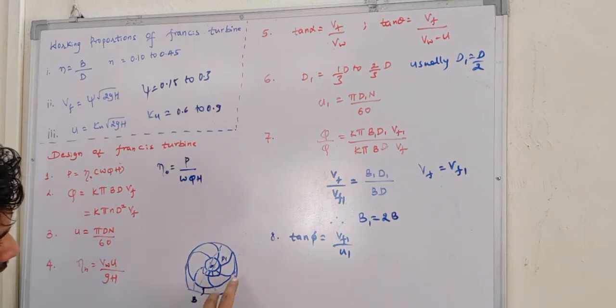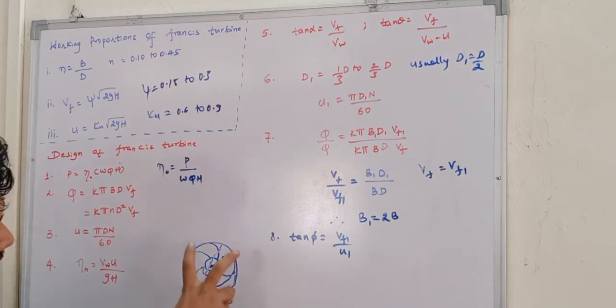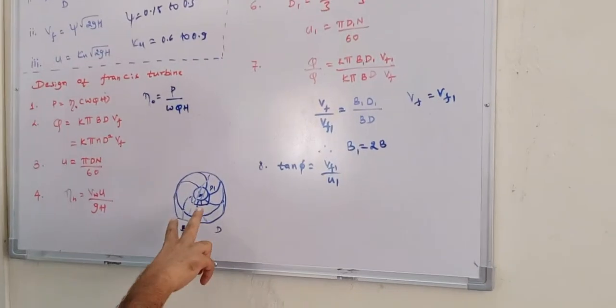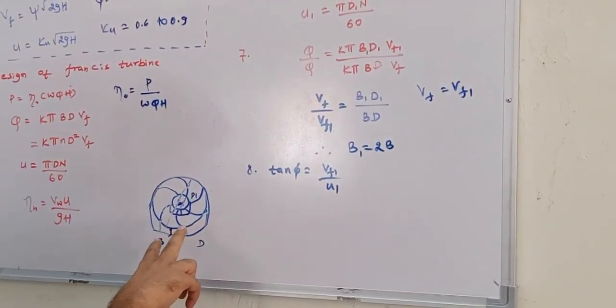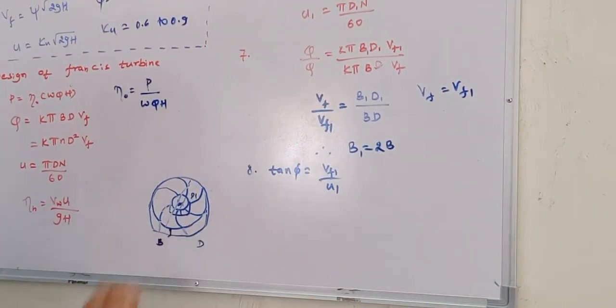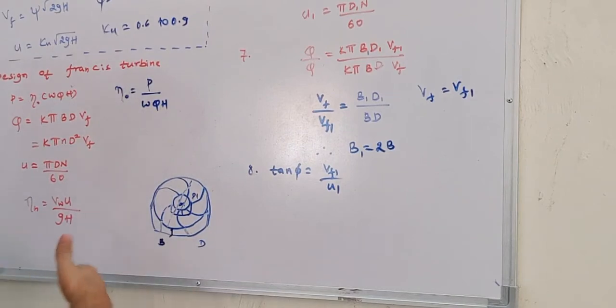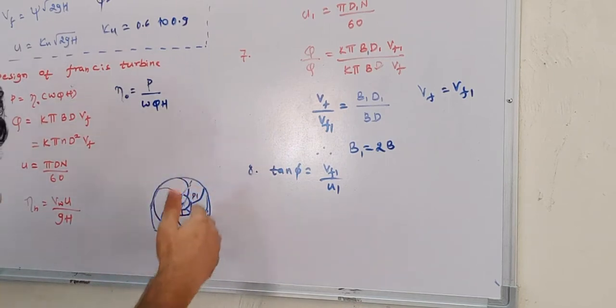Again, these are two adjacent vanes, and between them is the gap. Water usually enters into this gap. There will be guide vanes, which guide the water inside, and the water enters between this gap. Now, let me call that N. There are a few number of vanes.